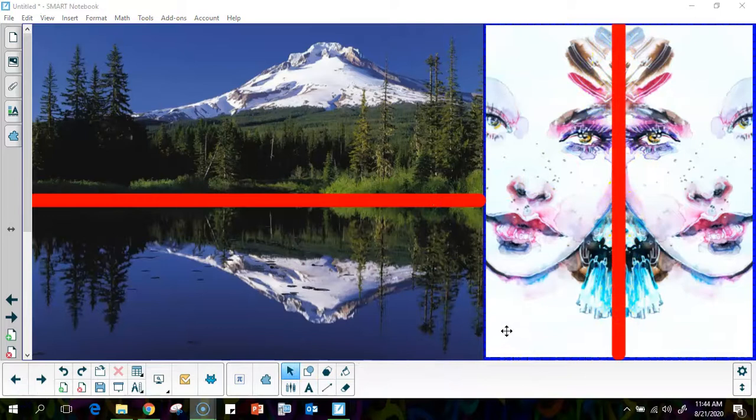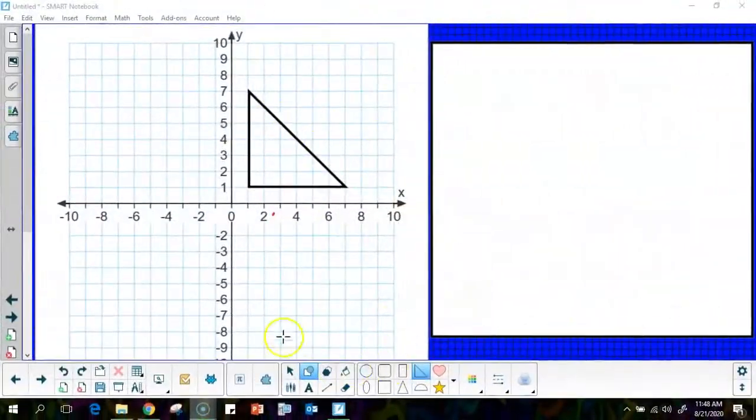So an image could be reflected across a horizontal line or a vertical line. We're also going to talk about reflecting across diagonal lines, but let's first look at the horizontal and vertical lines. I want you to look at a triangle that I've put on this coordinate plane.